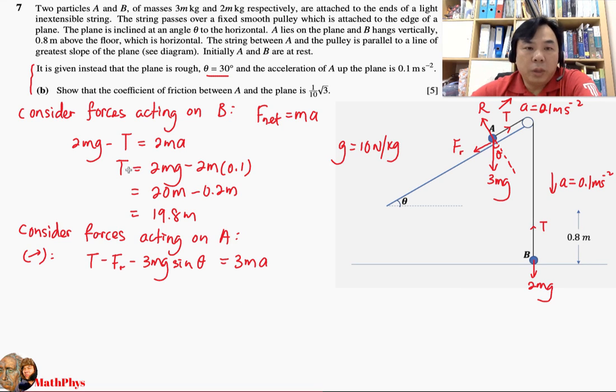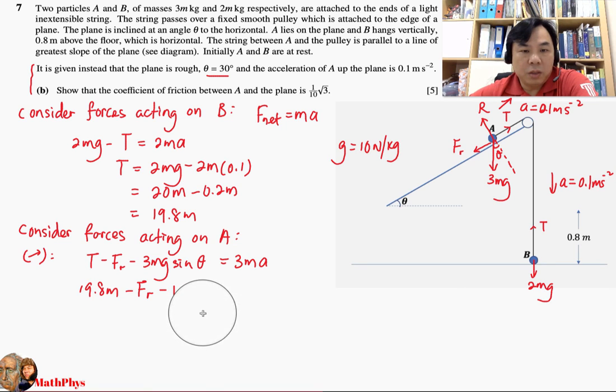All right. Now knowing that the tension is 19.8m, here I can write down 19.8m minus the frictional force, and then knowing that theta is 30 degrees, which is a half, so that is 1.5 by g there, so it's easier to write 15m there. It's equal to 3m times 0.1.